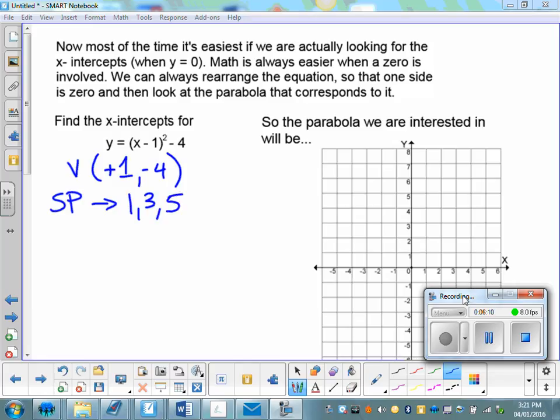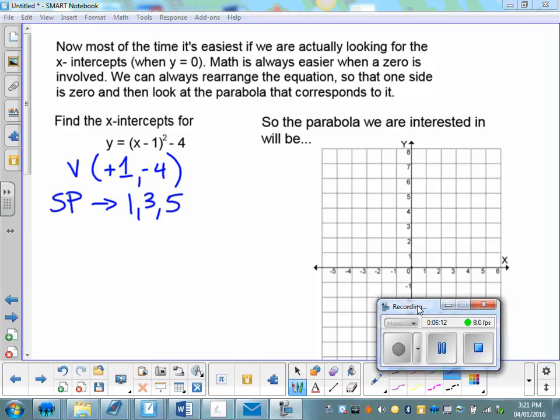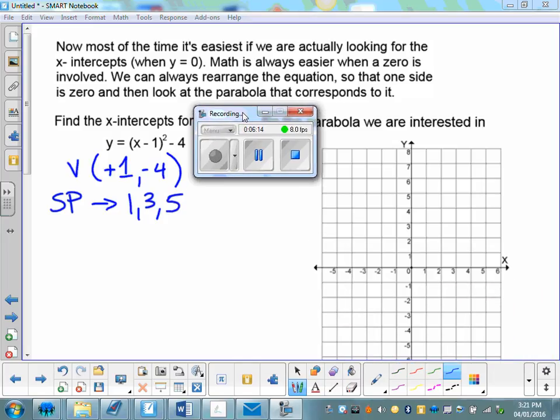And if I graph this, I've got the vertex at 1, -4. So there's the vertex. And then the normal step pattern. So over 1, up 1. Over 1, up 3. And over 1, up 5. And then it does the same thing on the other side.